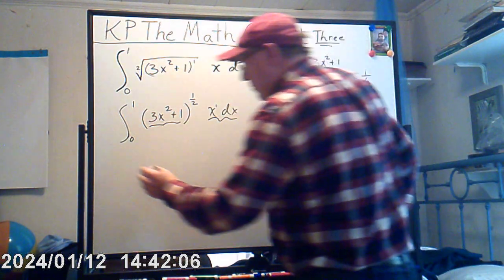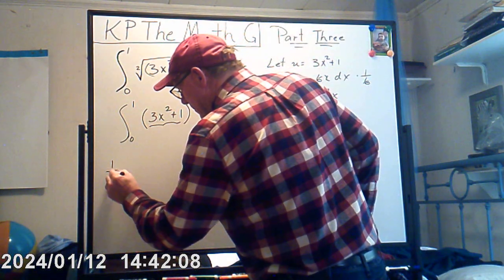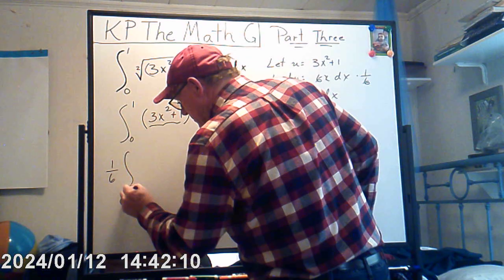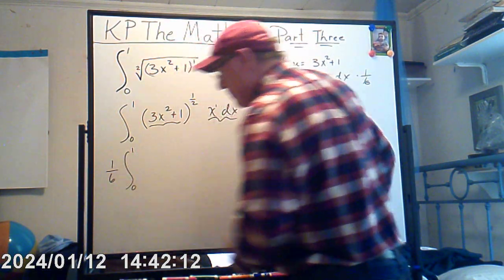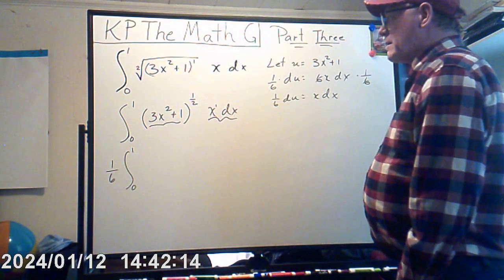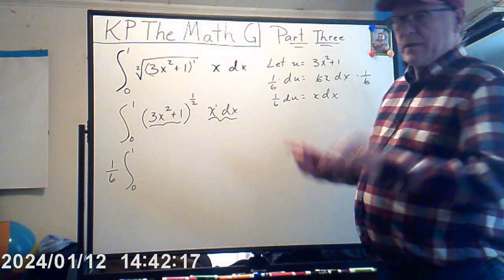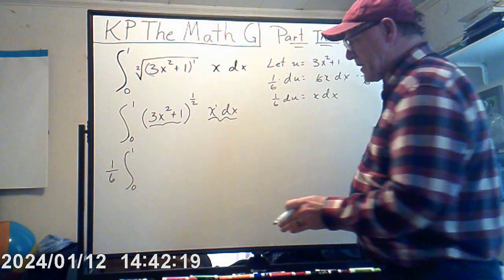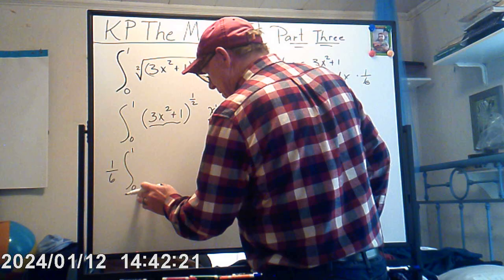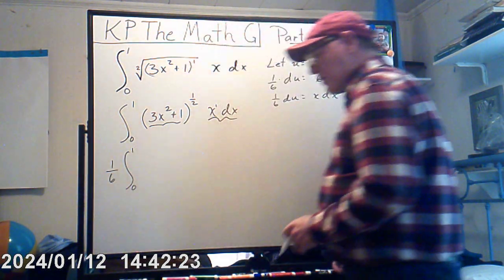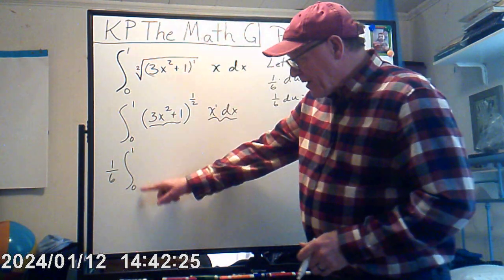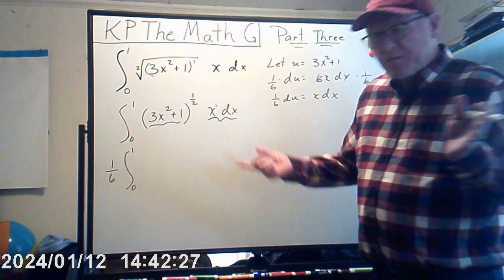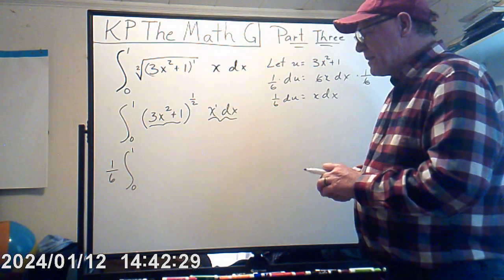So I want to put 1/6 right here, and integrating from 0 to 1. Now one method is that you leave the numbers that you integrate with, you don't do anything with them.